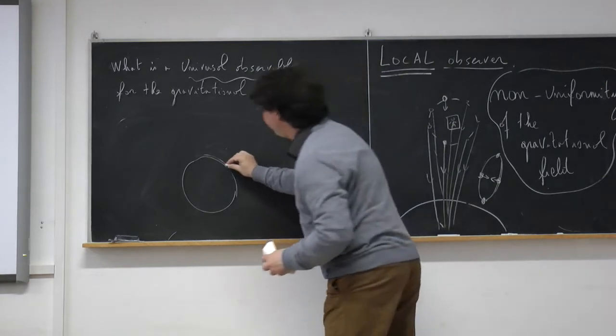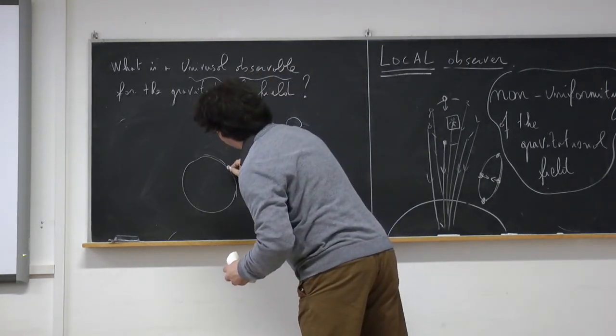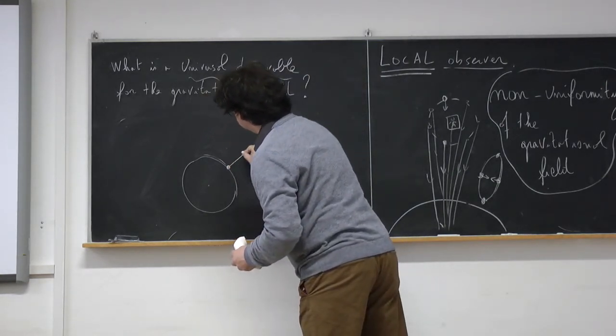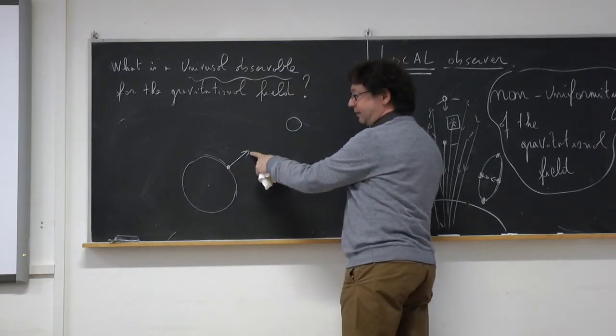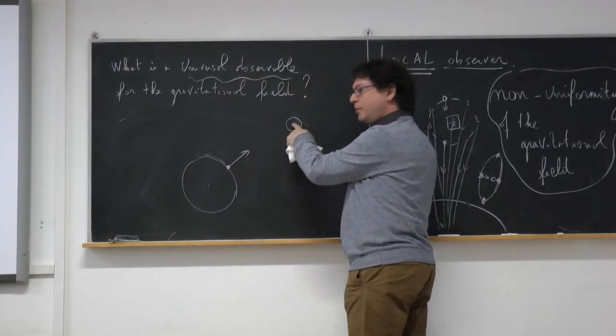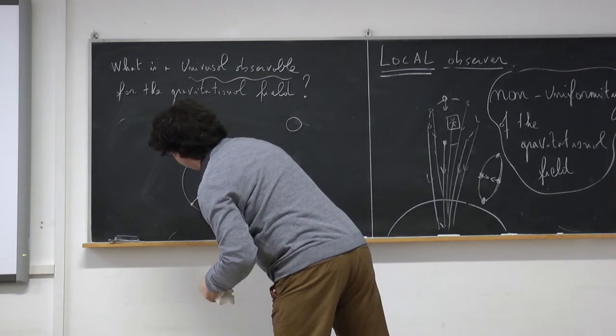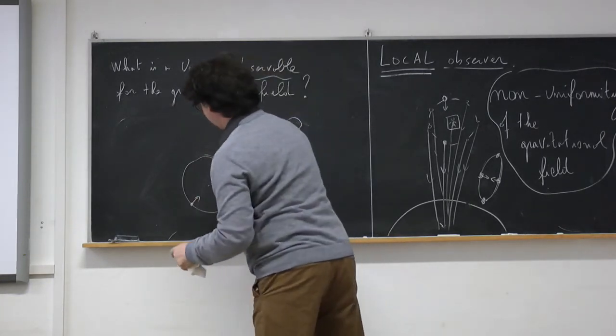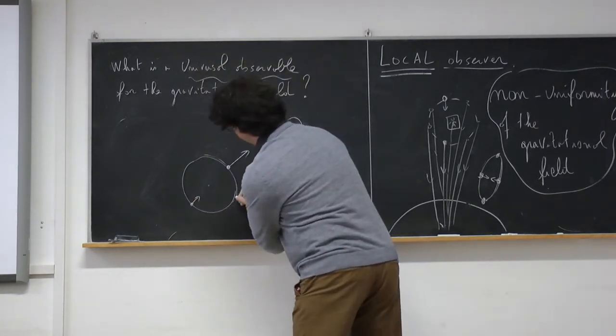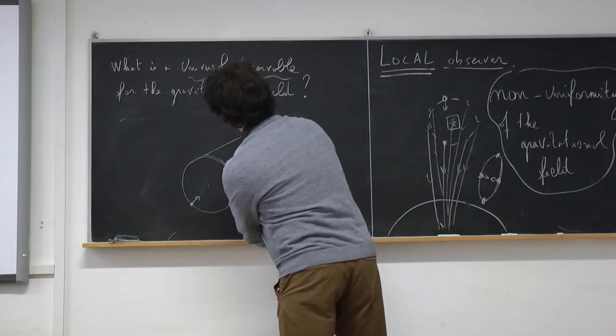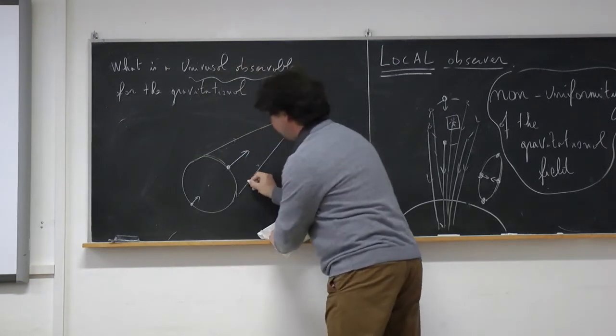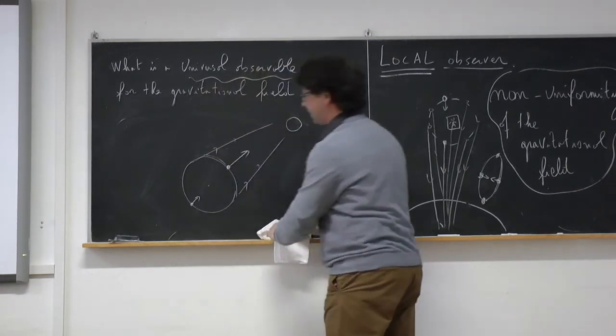This means that the points here have a greater gravitational attraction towards the Moon than the points here. And these are accelerating in a different direction.